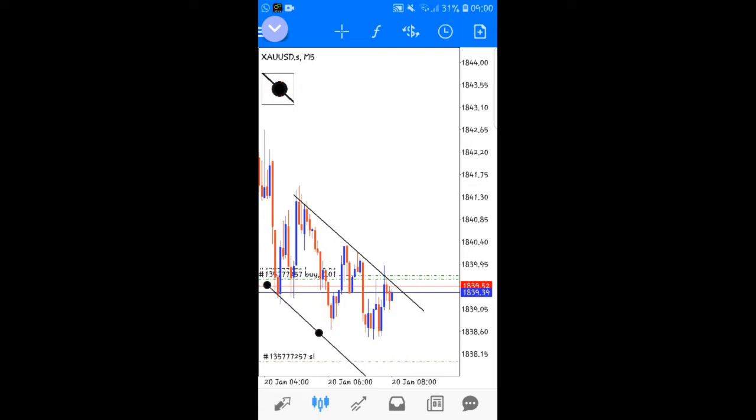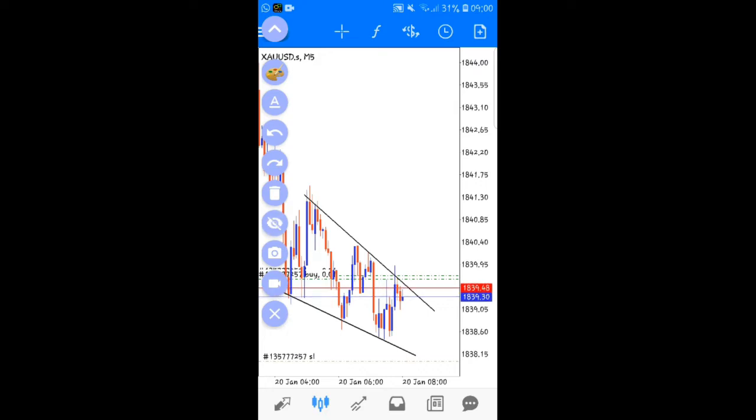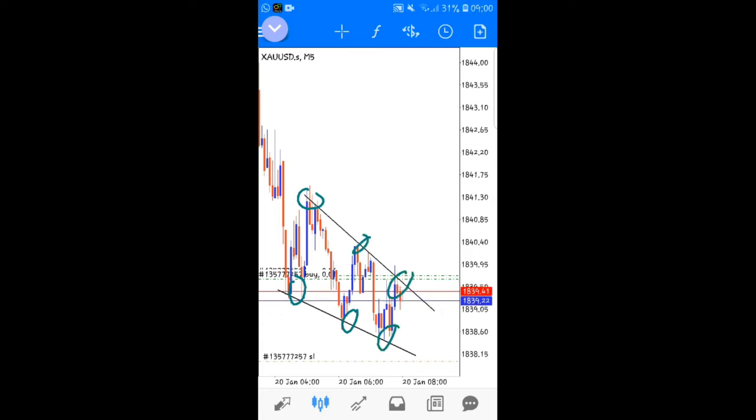So you can see that it has been making lower lows and lower highs, lower low and lower high, lower low and another lower high.